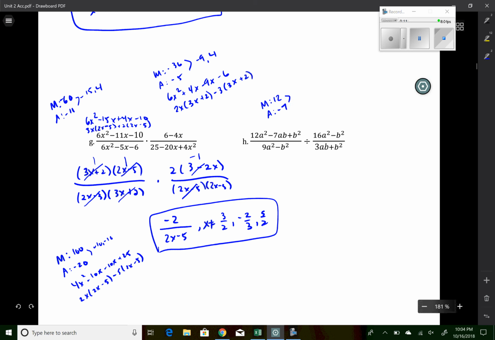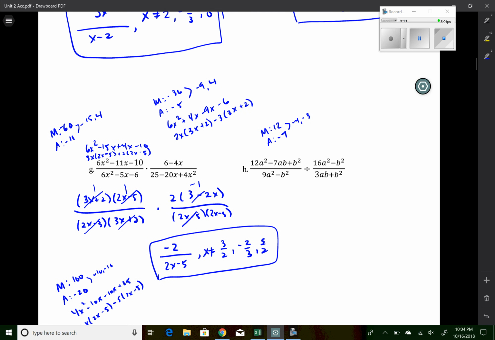So that's going to be negative 4, negative 3. So when I rewrite that, I'm going to wind up getting 12a squared minus 4ab minus 3ab plus b squared.